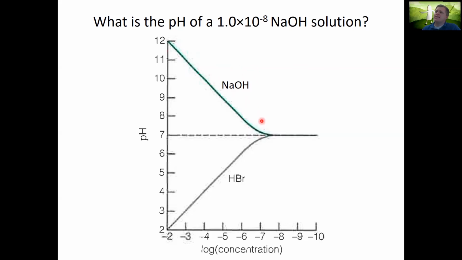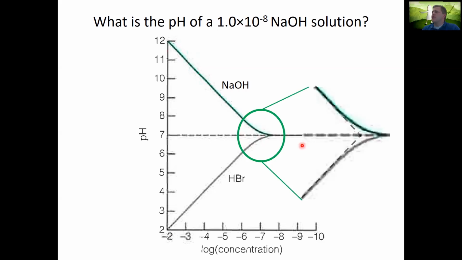Since that's a base, the more concentrated it is, which is on the left of this plot, the higher the pH. But for both of these guys, as you change the concentration, you get a linear relationship with the pH. And that's true for most of this region, but if we zoom in right here, where we get really close to neutral pH, you'll notice that these lines don't stay straight.